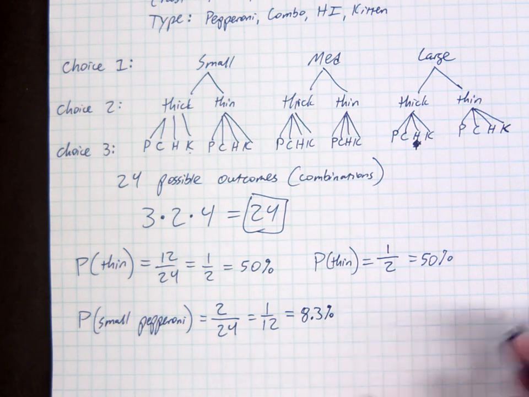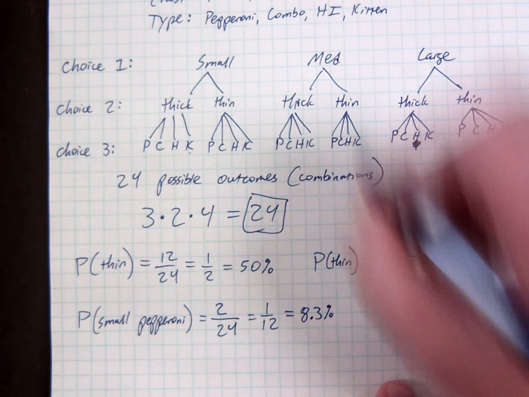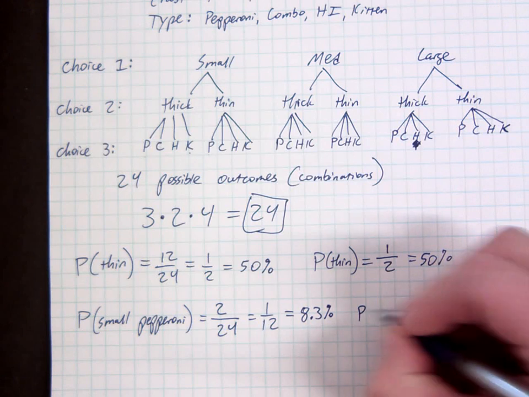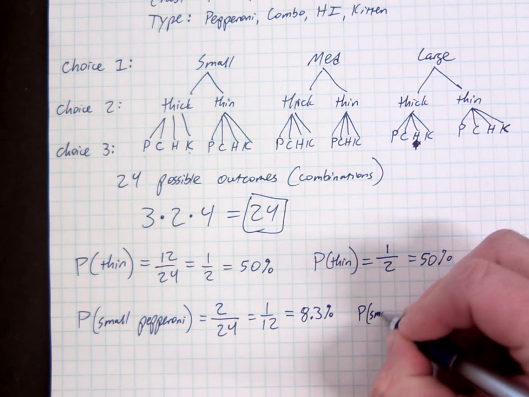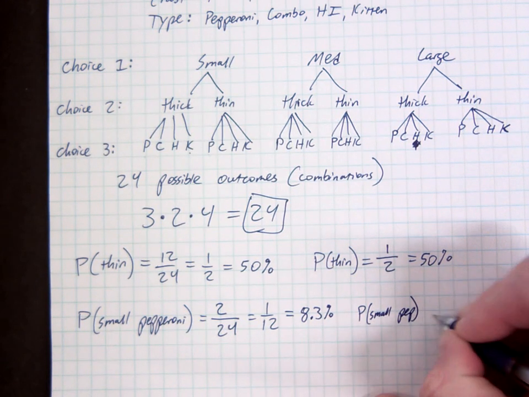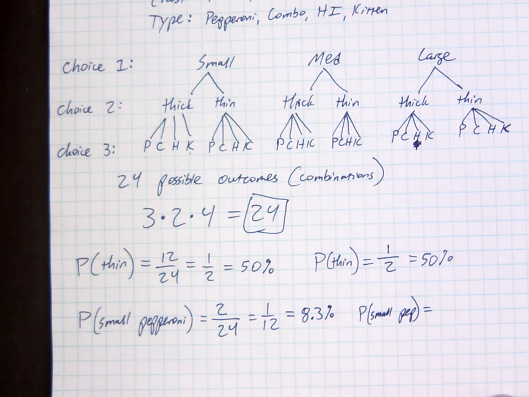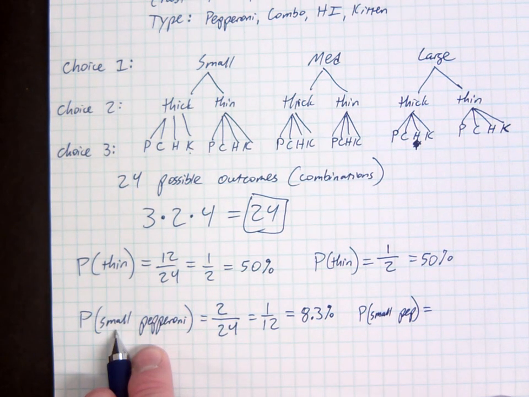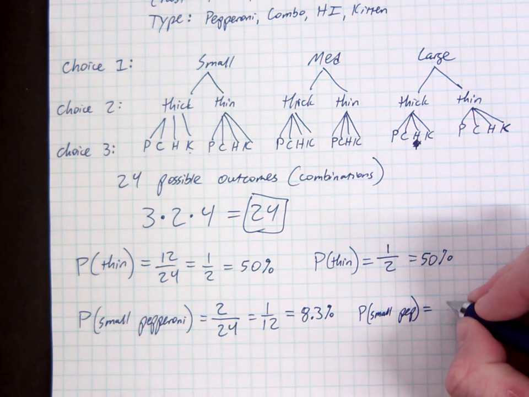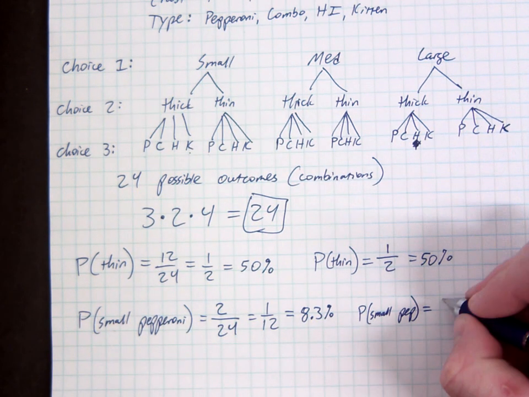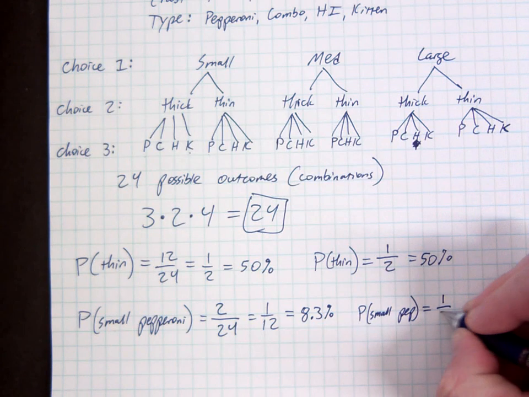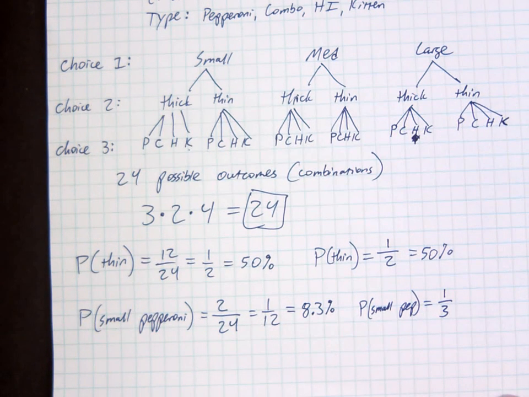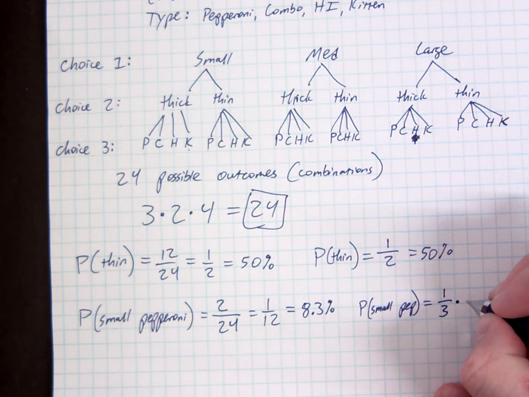Now let's see if there's a shortcut for us instead of building a tree diagram and counting. So probability that you get a small pepperoni. We're going to look at each choice individually. The first choice was about size. So small. How many smalls are there compared to the choices of sizes? There is 1 small for 3 sizes. Then what's our next choice?